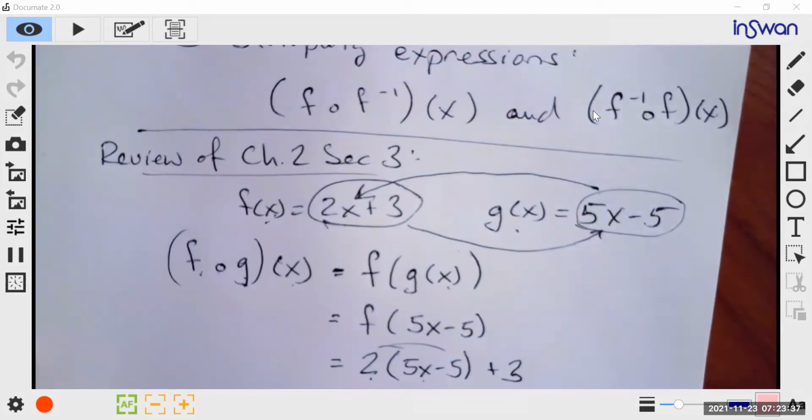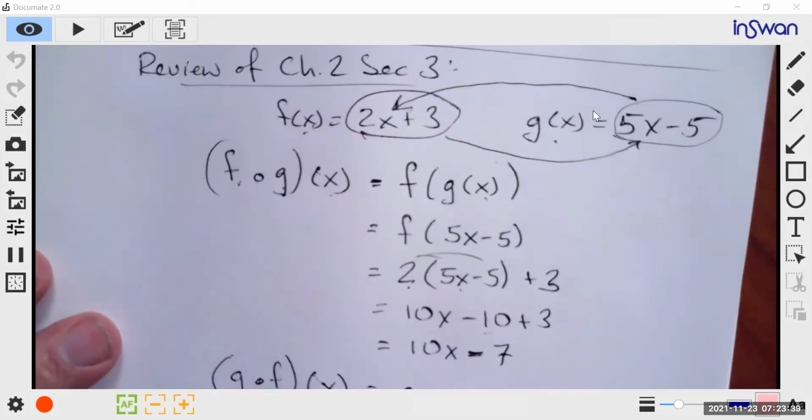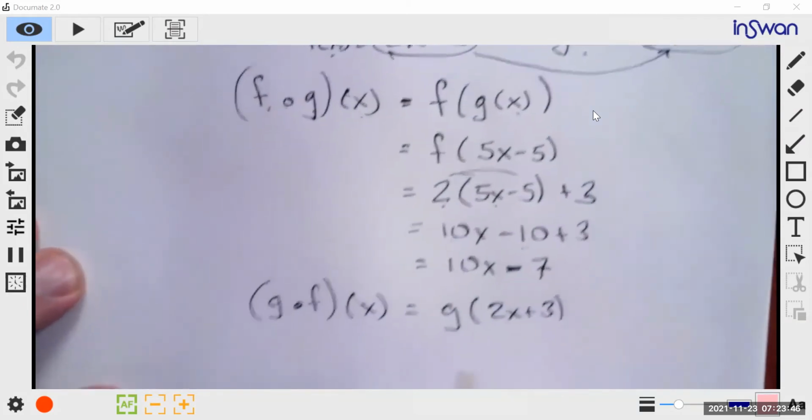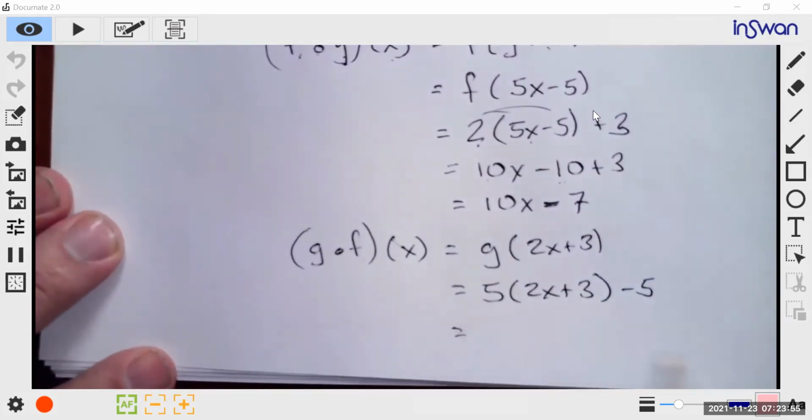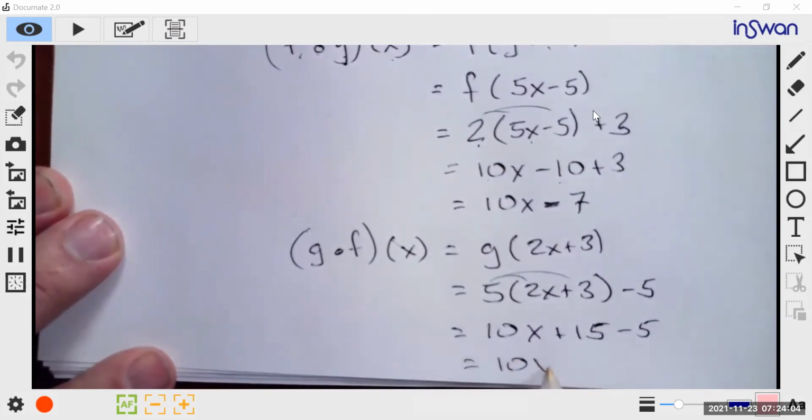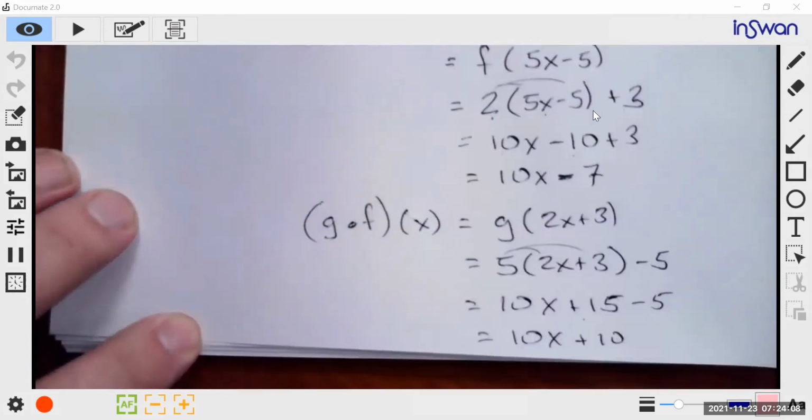So what I have here is 5 times 2x plus 3, minus 5. Distribute. 10x plus 15 minus 5. 15 minus 5 is 10, positive 10. And there's that function.